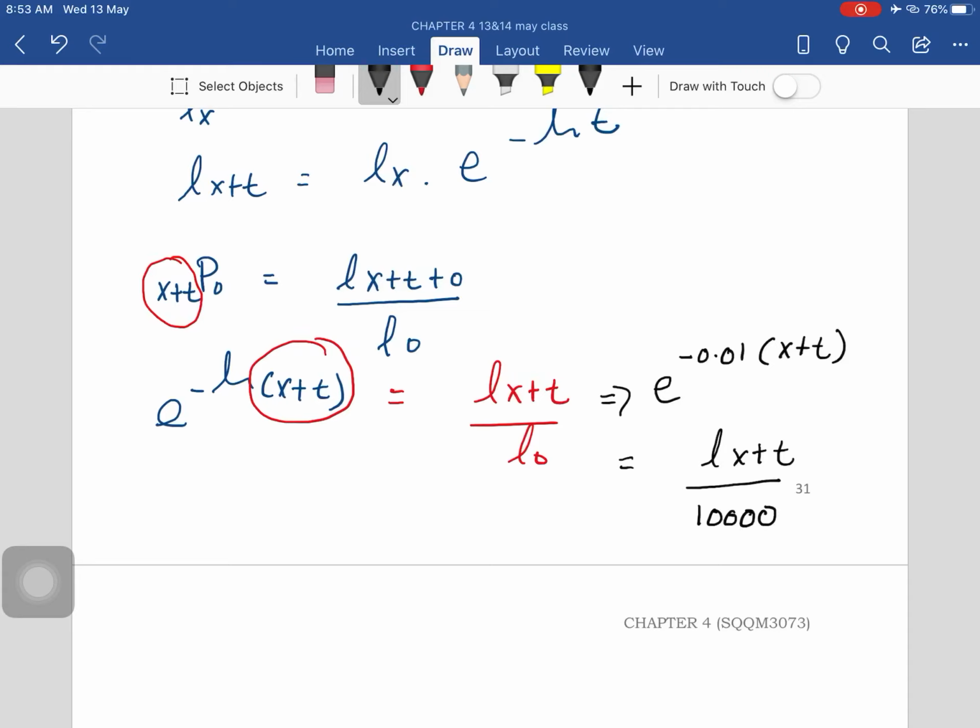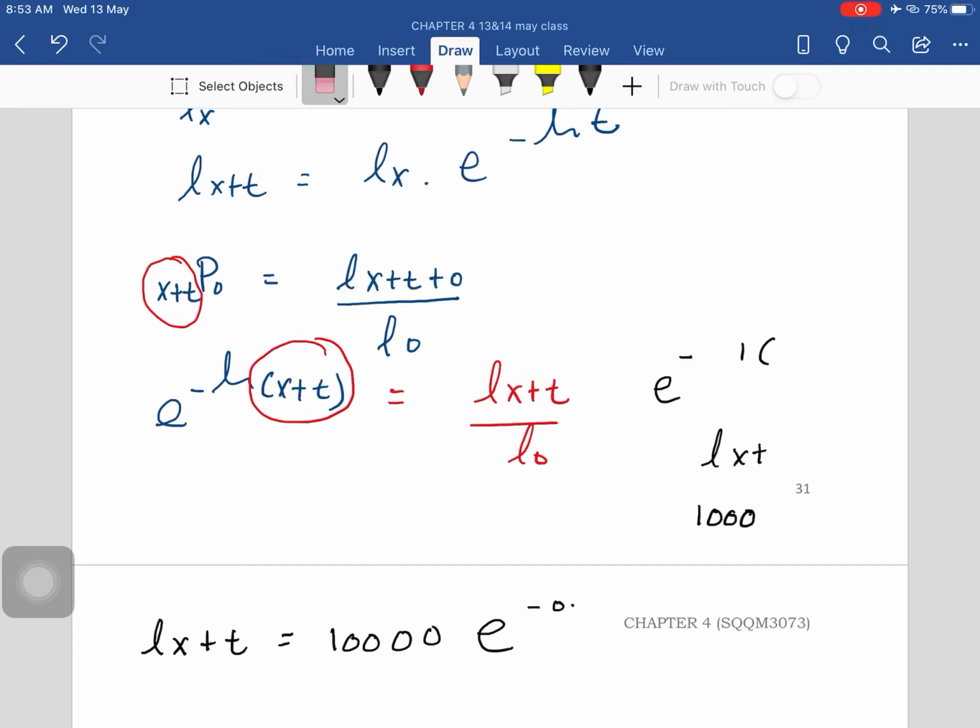So Lx plus t is equal to 10,000 times E negative 0. Okay, you may get confused here. Never mind, we cancel this. I'll show you slowly.